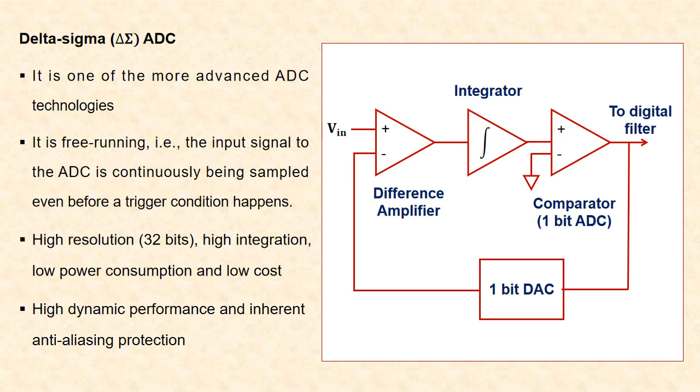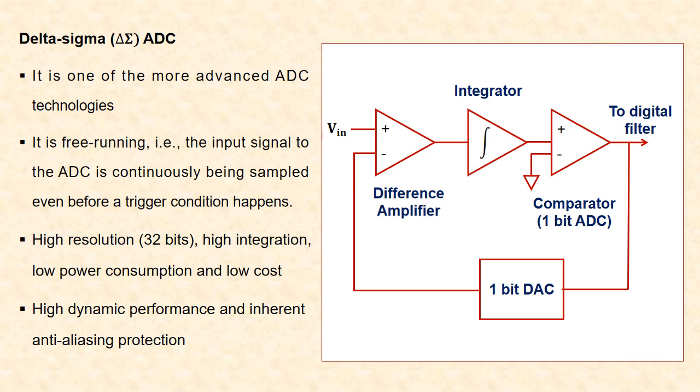The use of 1-bit analog to digital converter makes the analog signal processing simple and inexpensive. Here, a very high sampling rate is used and digital signal processing is used to provide appropriate anti-aliasing filters and decimation filters.